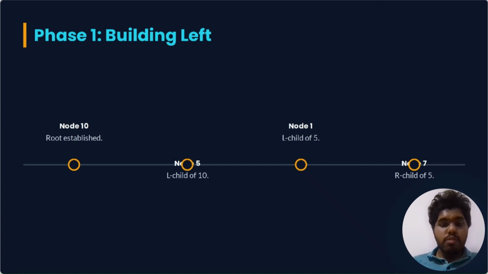Its new bounds are negative infinity to 10. Next is 1. It's between negative infinity and 5. So it becomes 5's left child. Next is 7. It's not between negative infinity and 1. So it's not 1's child.